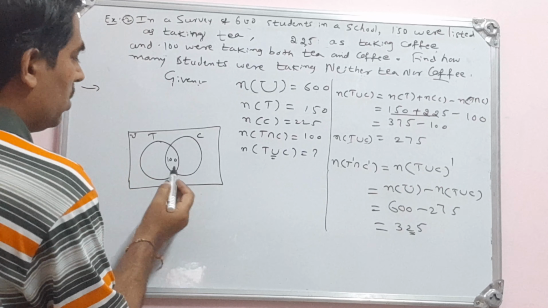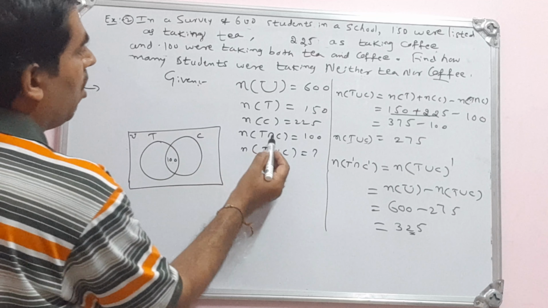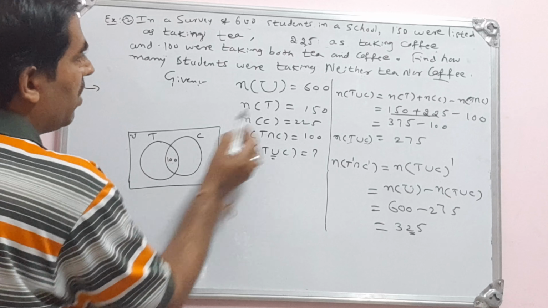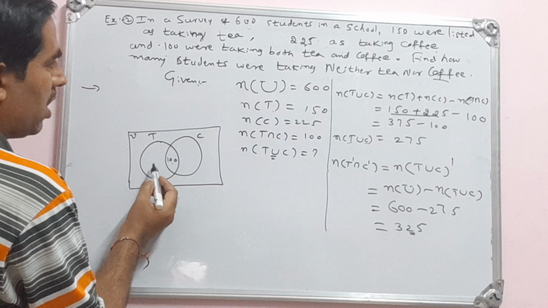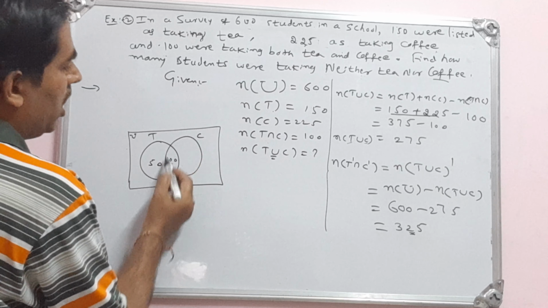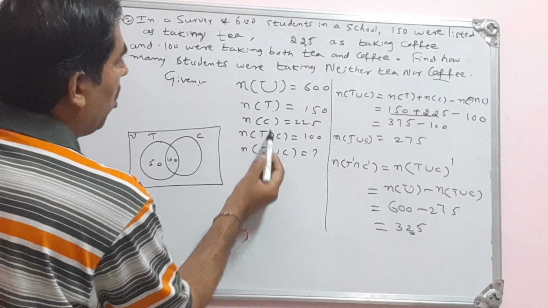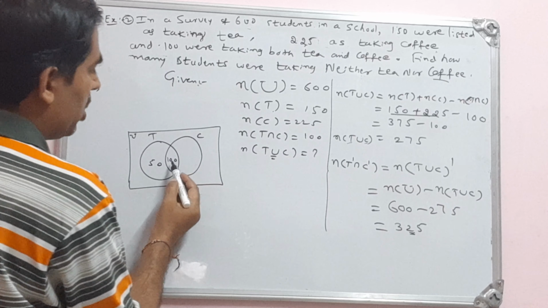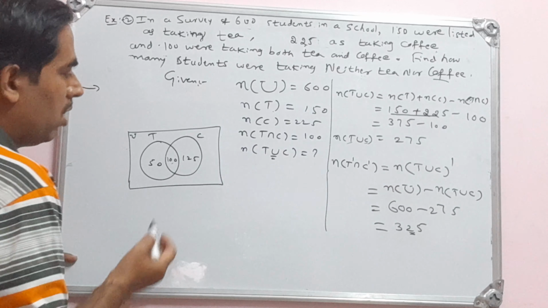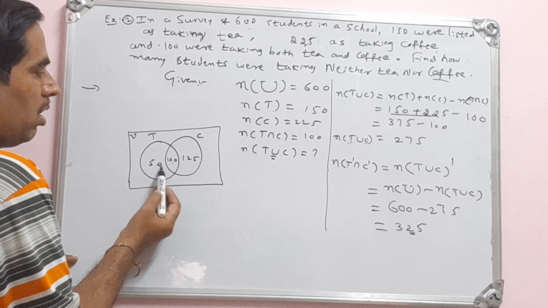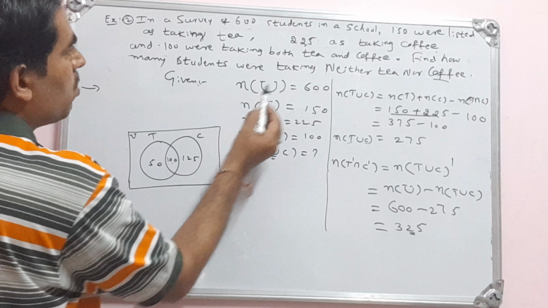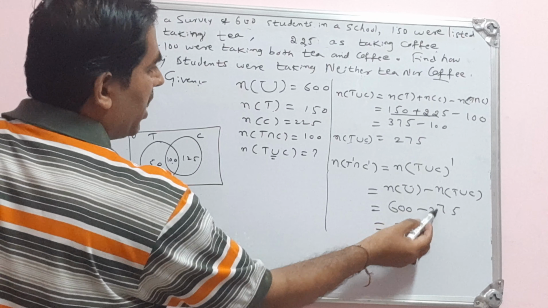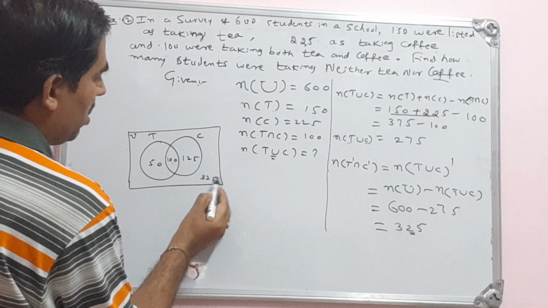Now let us do this on the diagram. The 100 here is both tea and coffee. n of T is 150, so 150 minus 100 is 50. The number of students drinking coffee, n of C, is 225, so 225 minus 100 means 125. This one is 600 here. So 600 minus 275, this 325 will be outside.